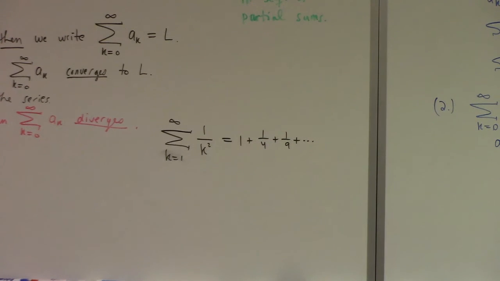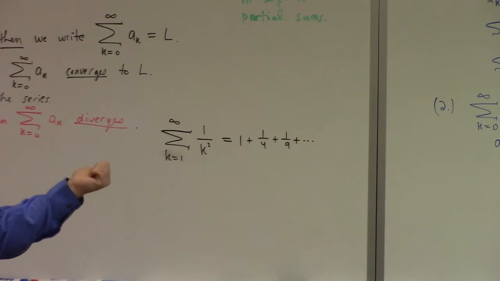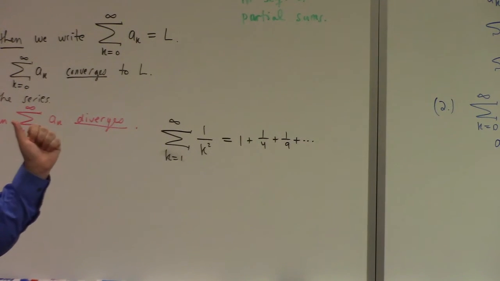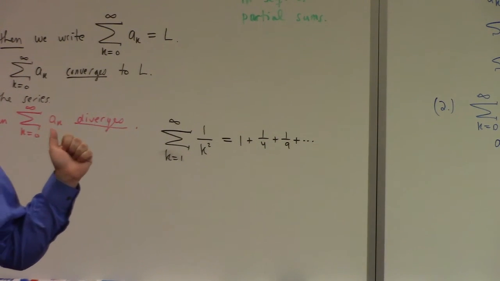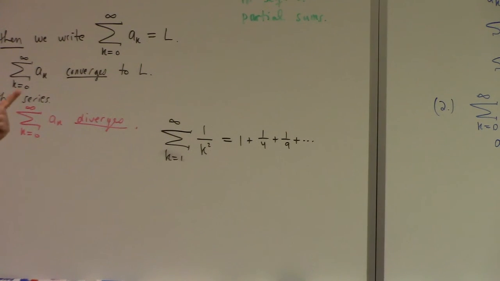If you try to calculate the nth partial sum of this, you will not be able to do it. Most things that you write series of, you can't actually calculate the nth partial sum. So what we need to do is find other ways of determining whether it converges or diverges. And that's where this laundry list of convergence and divergence tests we're about to come to will come into play.